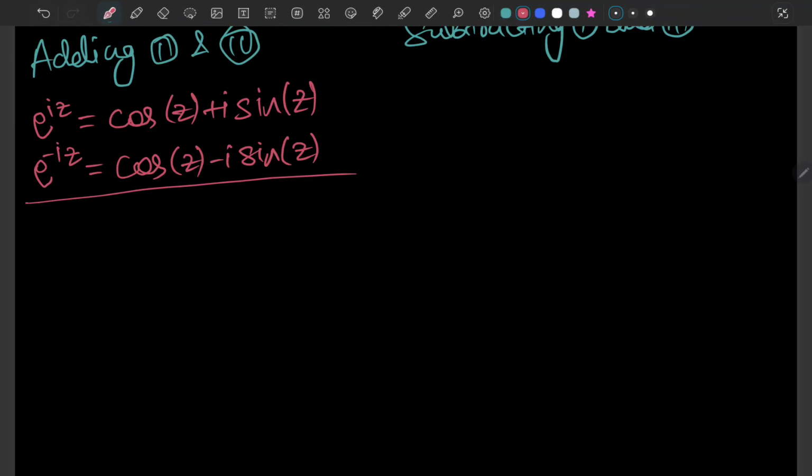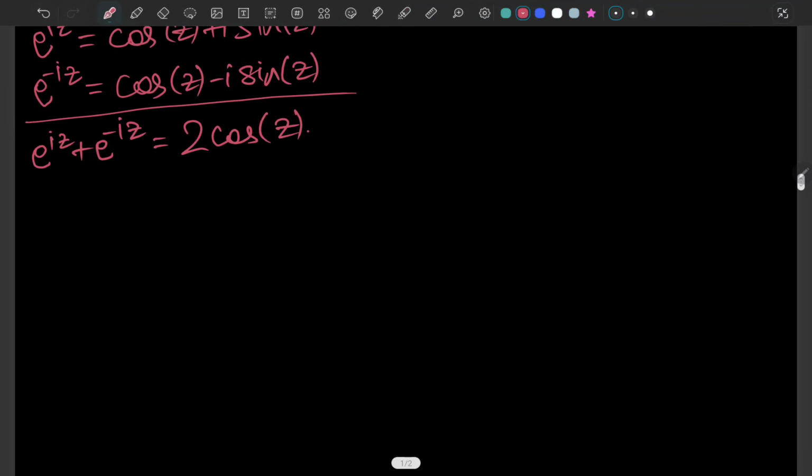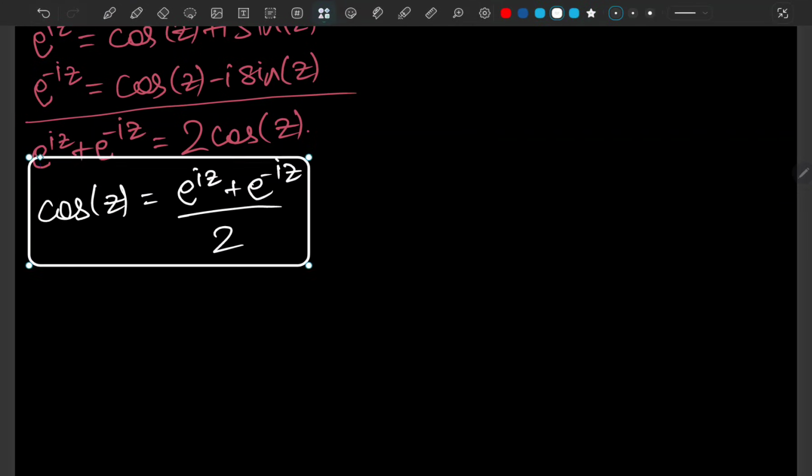Adding them up, we have e to the iz plus e to the minus iz equals 2 cosine of z, because the sine terms cancel out with each other. Isolating cosine of z gives e to the iz plus e to the minus iz over 2. That gives a relation between the cosine function and the exponential function.